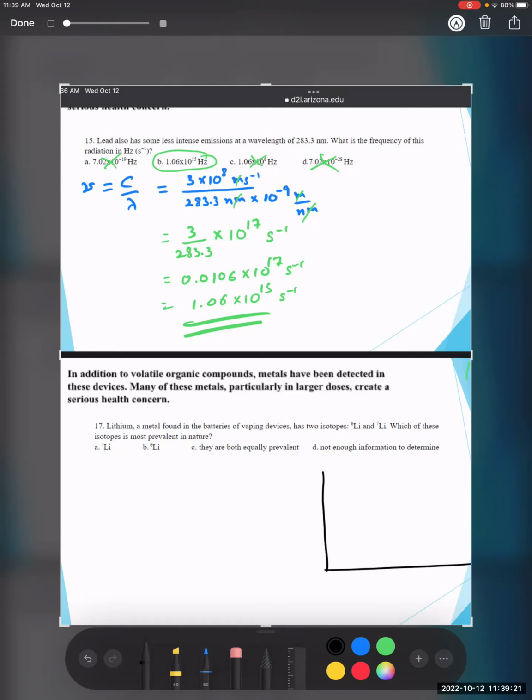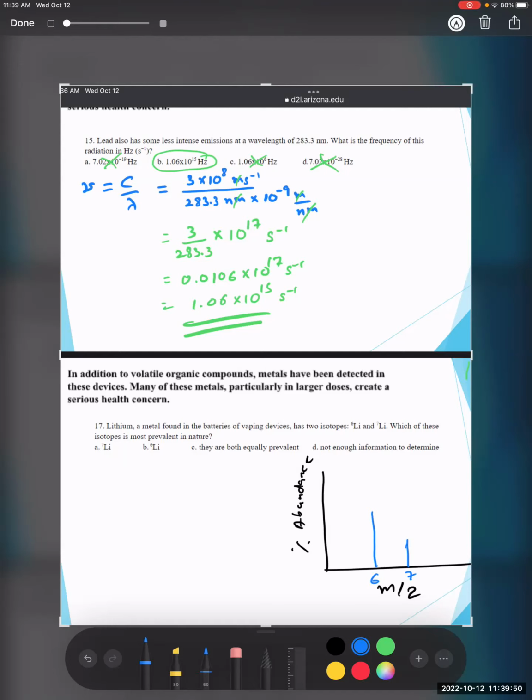Let's say this is the percent abundance, and this is the mass to charge ratio. You will see 2 peaks, one at 6 and another at 7. I don't know the heights of these yet, but we'll worry about that later.